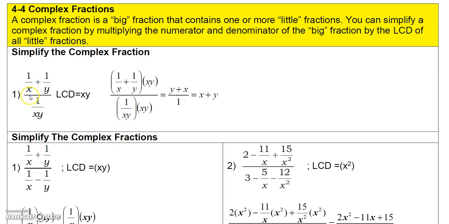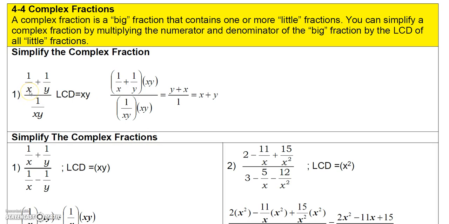And then in the denominator, which is below this big line, you have another fraction, 1 over xy. So one of the easiest ways to simplify these, to get rid of these smaller fractions, is to just multiply each term in the fraction by the lowest common denominator of all the fractions.